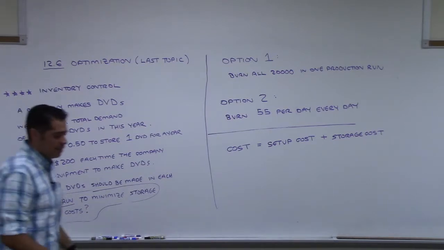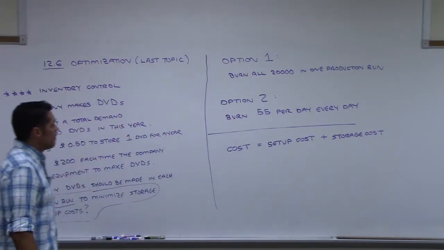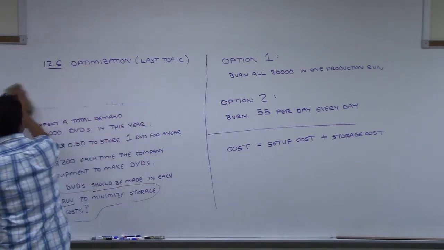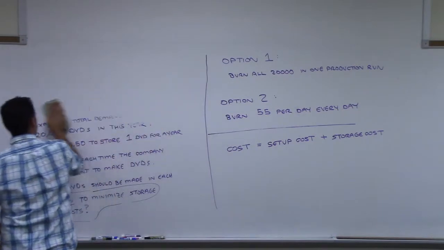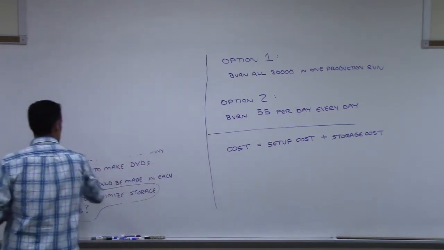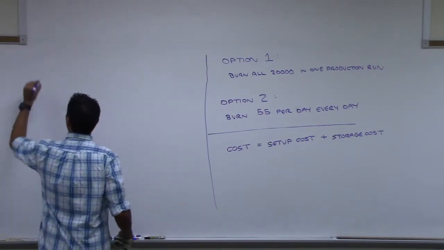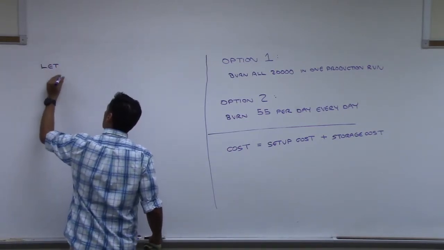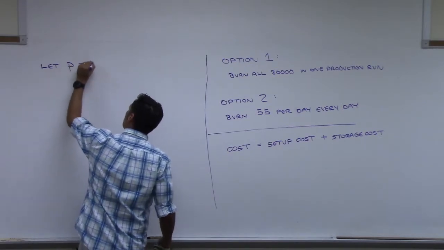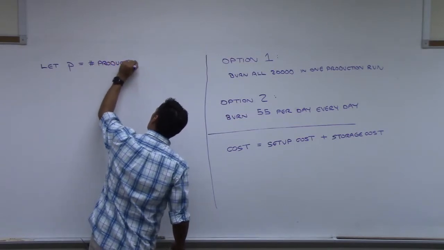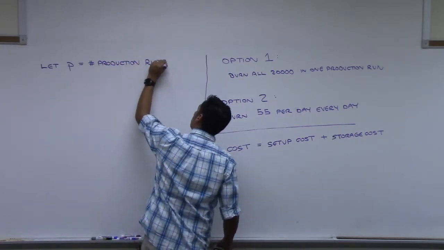Now, let's discuss setup cost. Well, setup cost we said is 200 times however many production runs we have, right? So now we're going to start assigning some variables. Just to make our lives easier, let P be equal to the number of production cycles or production runs we do, all right?